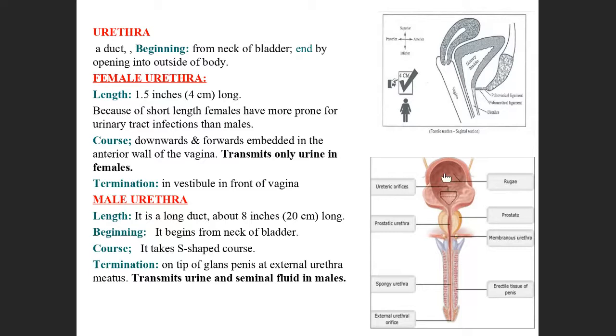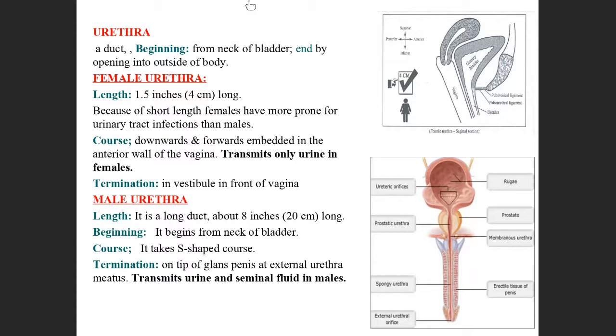Is it clear? The urine collected in the urinary bladder comes out through a passage. That passage is called the urethra. It is structurally different in male and female, with a lot of differences between the male and female urethra.